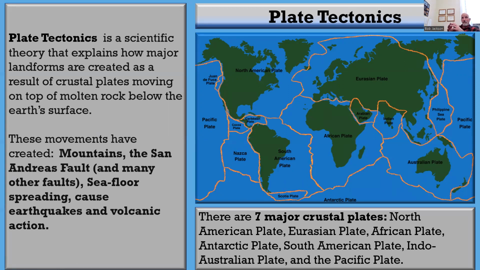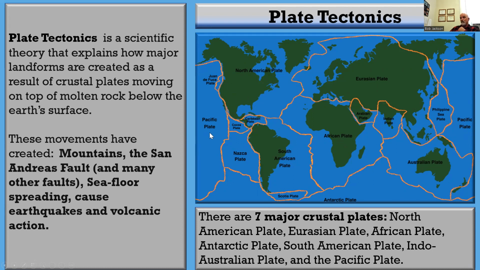There are only a few basic movements that it undergoes, and that's what we're going to get into. The first thing to know is there are 7 major crustal plates. You have the North American plate, the Eurasian plate, the African plate, the South American plate, the Indo-Australian plate, and then the Pacific plate, which you see part of it over here and the other part of it over here.